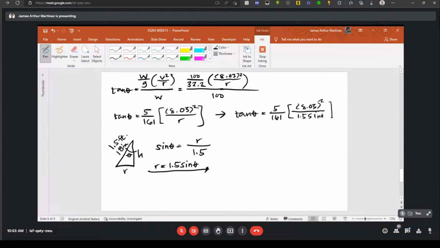Alright? With this equation, class, you can compute or obtain the value of our angle theta. If you input this in the calculator, tangent theta is equal to 5 over 161 multiplied by 8.03 squared all over 1.5 sine theta, the calculator will give a value. But I think it takes long to generate a value. So we will just simplify it.